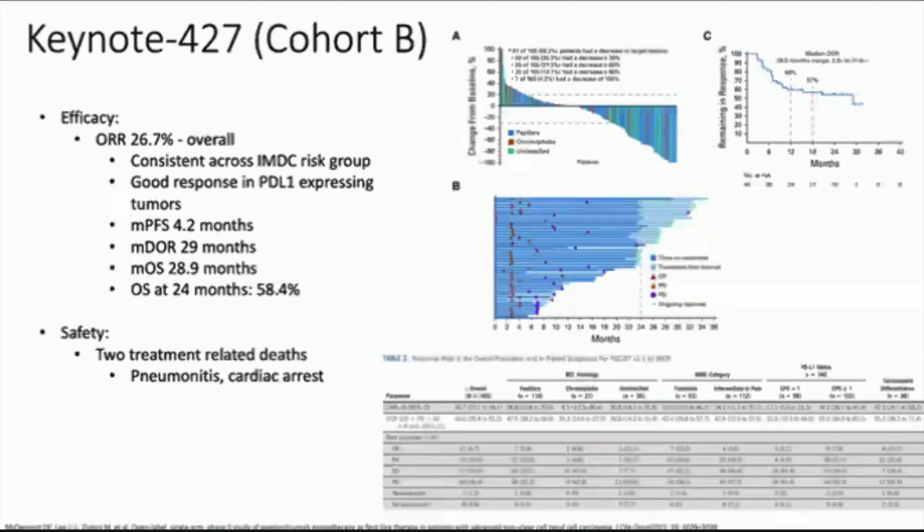They also reported that their patients' median overall survival was 20.9 months, with a median duration of response of 29 months, which is not terrible for this aggressive disease. And the overall survival at 24 months was 58.4%. Unfortunately, they did also report two treatment-related deaths due to pneumonitis and cardiac arrest.